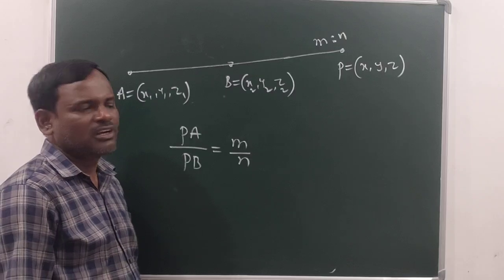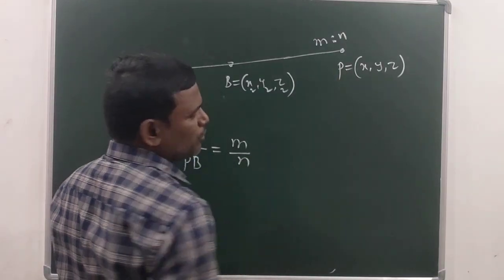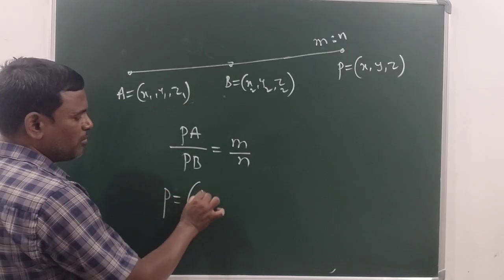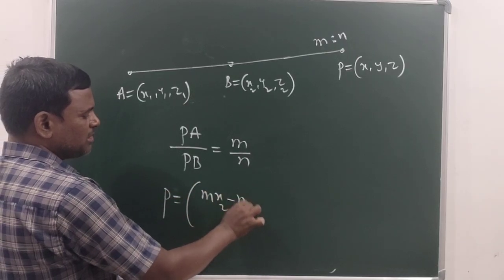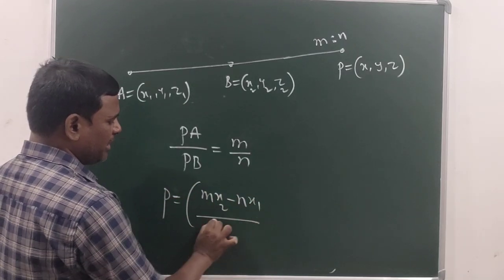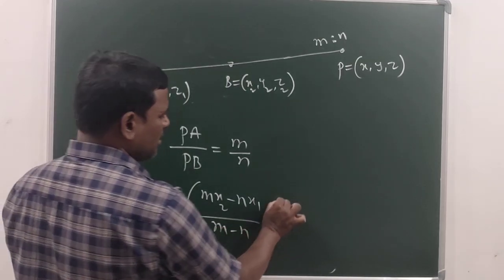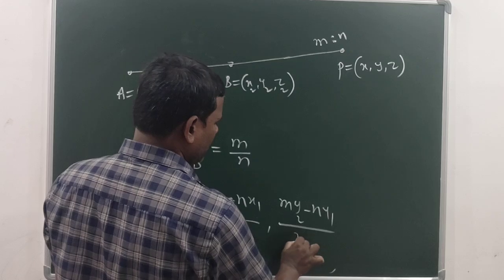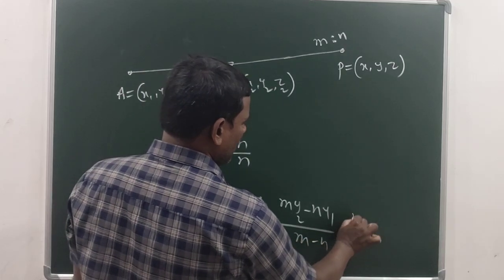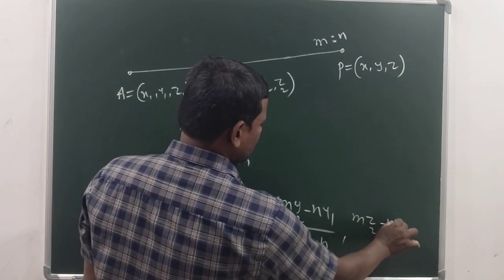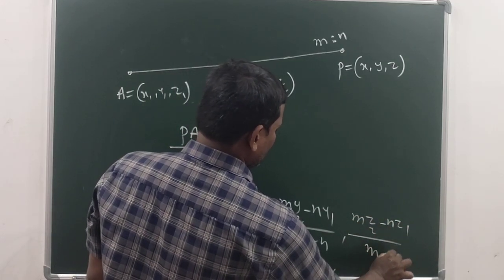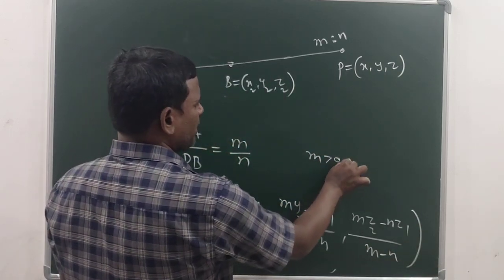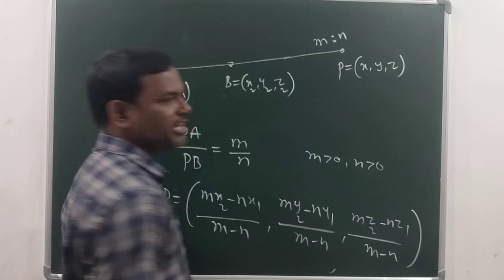Okay, students? And if you would like to find the coordinates of P, you have to use this formula: mx2 minus nx1 by m minus n, comma my2 minus ny1 by m minus n, and mz2 minus nz1 by m minus n. Here m should be positive and n should be positive. Be careful.